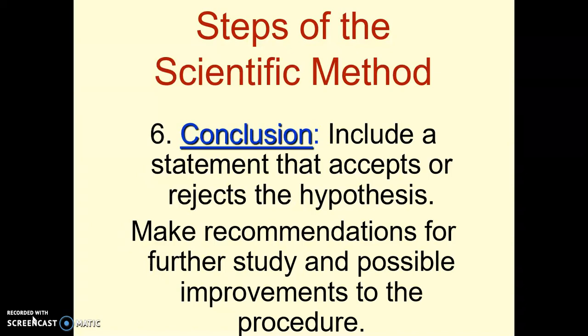You make a recommendation for further study and possible improvement to that procedure. In the case of the biosphere, based upon the different data, they created another project which they called Biosphere 2. You can read more detail about Biosphere on the internet, or we are going to discuss it more in detail in the class.